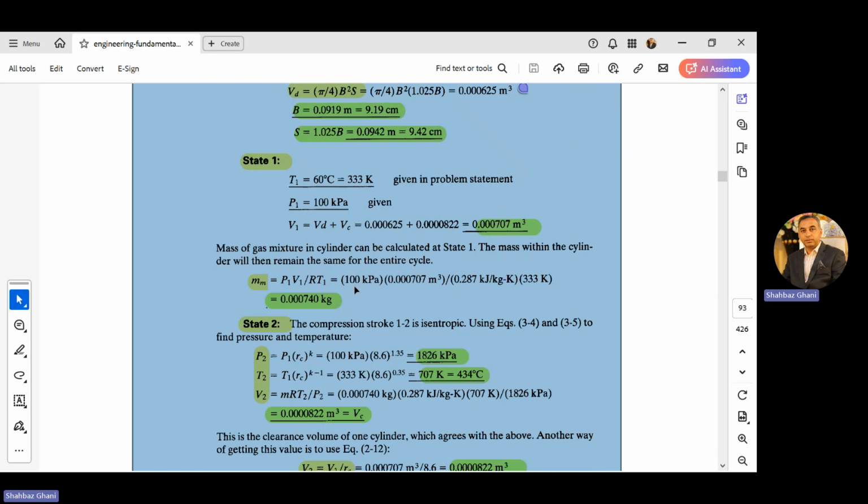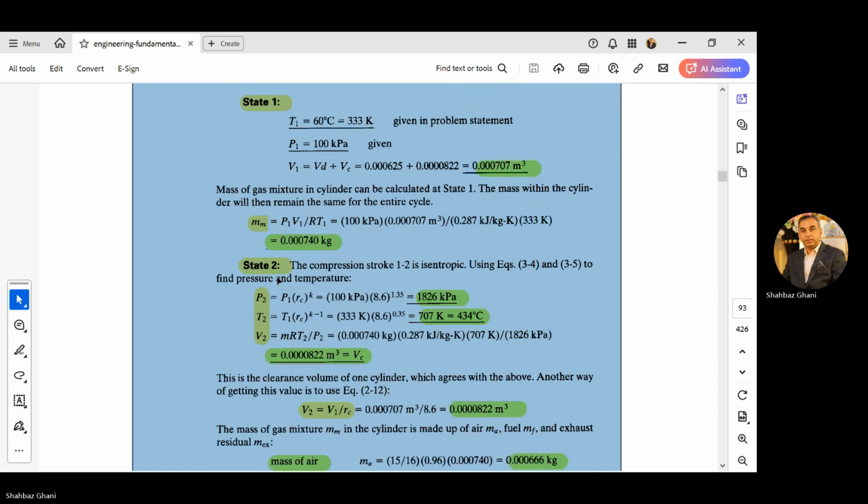P1 we know, 100 kPa. V1 we have calculated. R is the gas constant and T1 is the temperature given. So mass of mixture is 0.000740 kilograms.